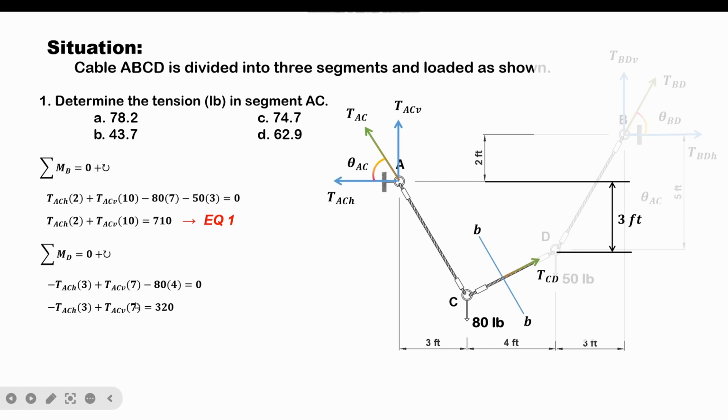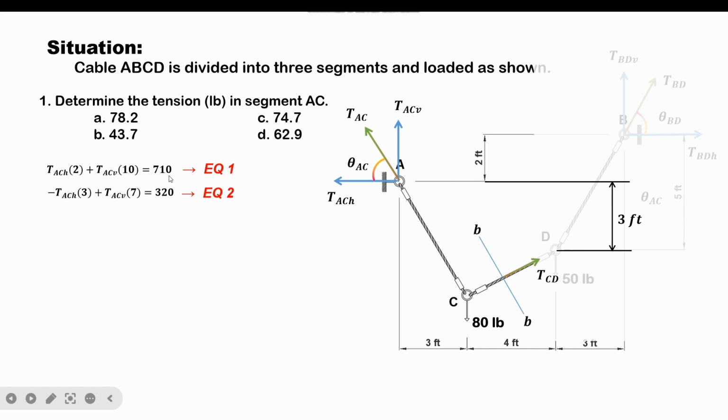So we will get here negative 320, and let's denote this as our equation 2. Now that we've produced two equations involving the two unknowns that we are looking for, we can now compute for the tension in segment AC. So this is the summary of the equations that we've generated.